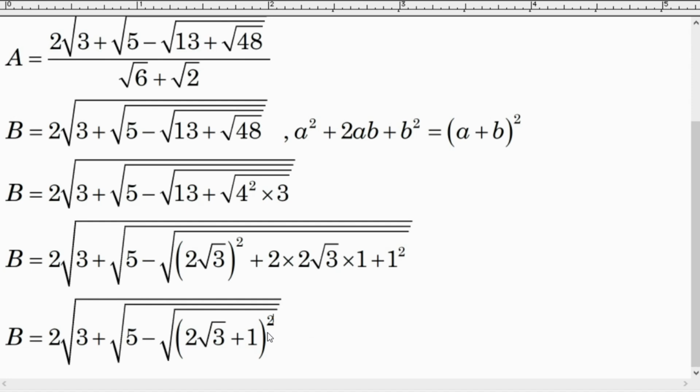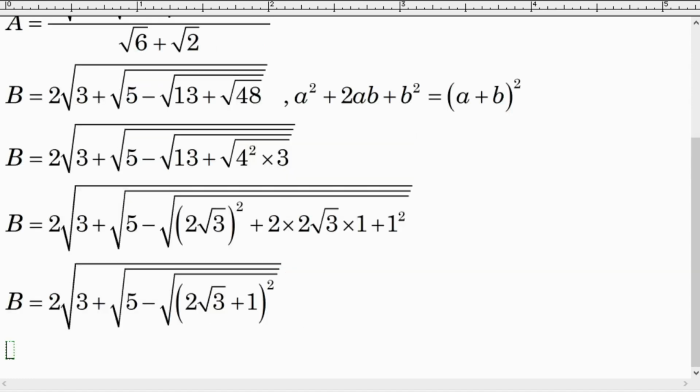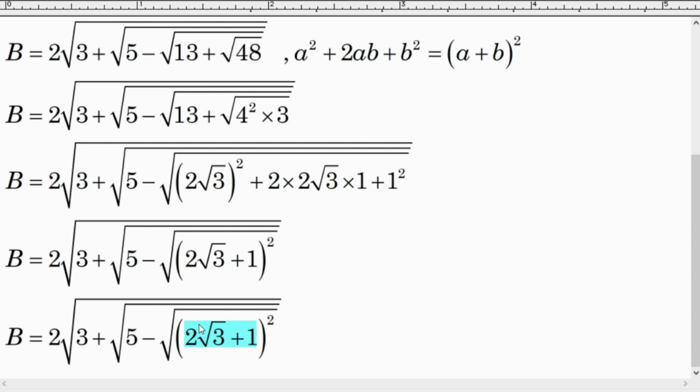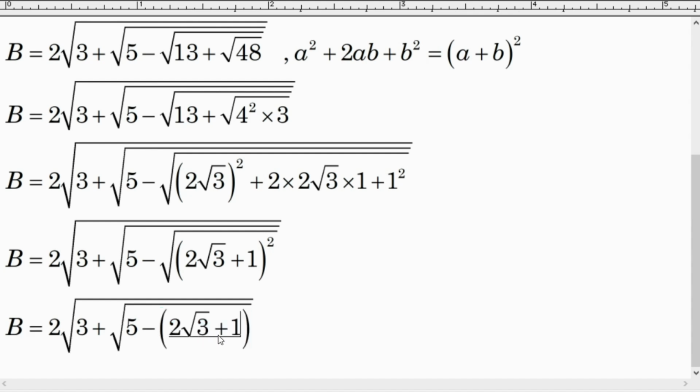Now we have a square that can simplify with the square root here. After we simplify, we get b equal to 2 square root of 3 plus 1.